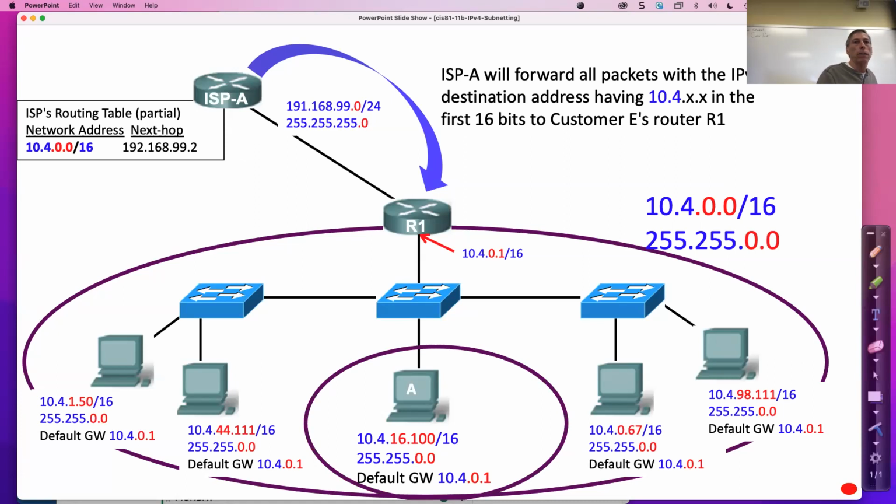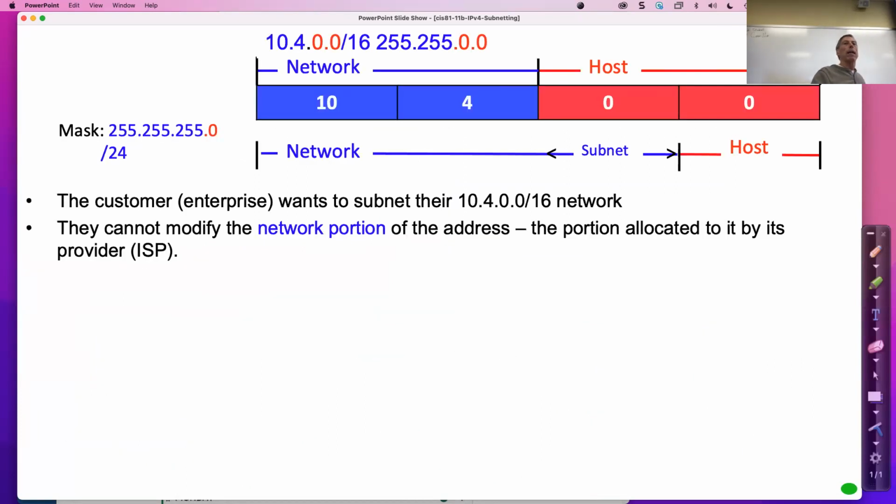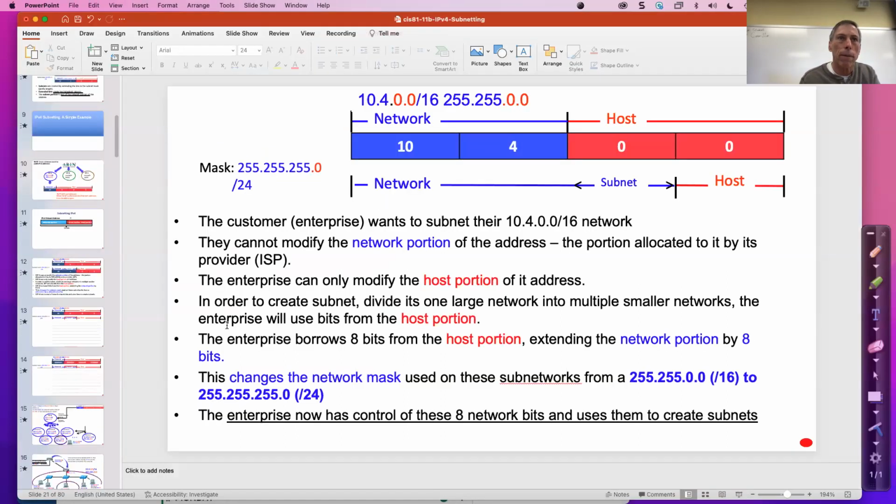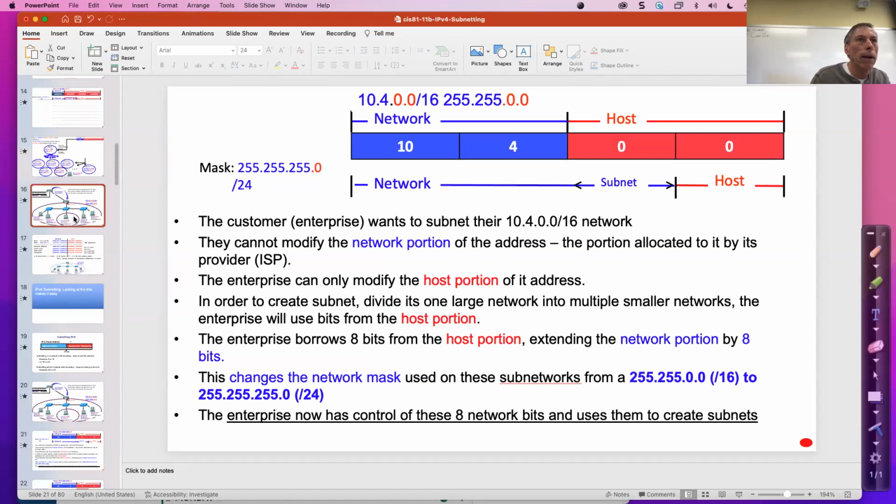Okay. So, if I have a 10.4.0.0 network, let me back up here. Let me show it this way.